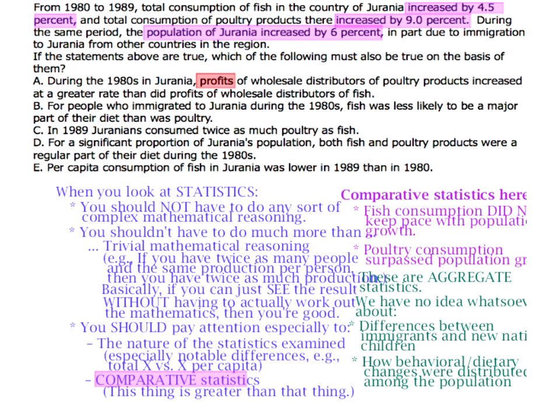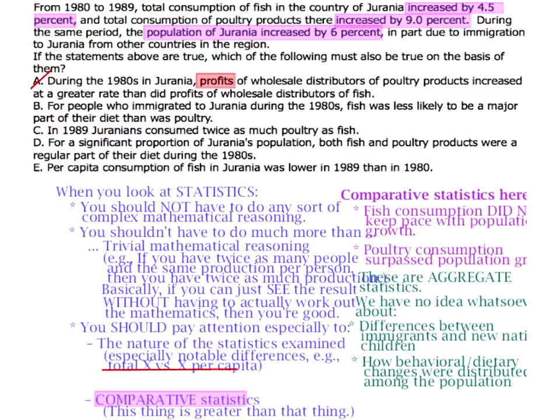So we don't know this stuff. So let's take a look at some of these choices. Profits, not a thing. Profits are not in this passage at all. So we can eliminate A pretty quickly and efficiently because money is not discussed in any sort of way at all here. So forget choice A.